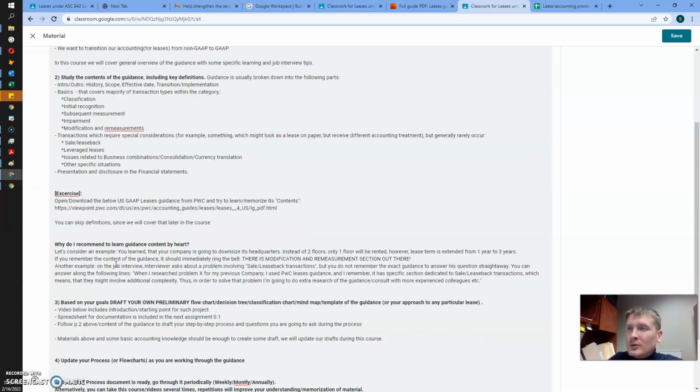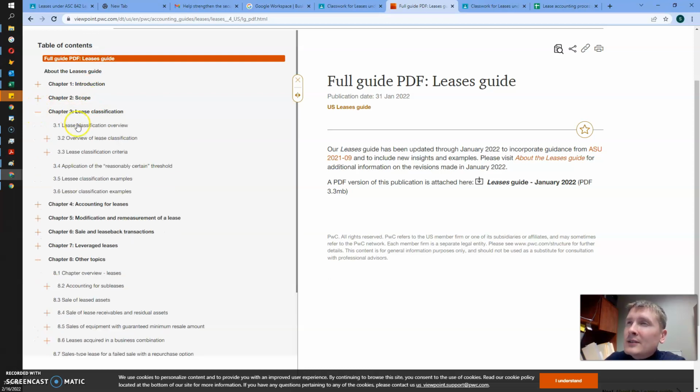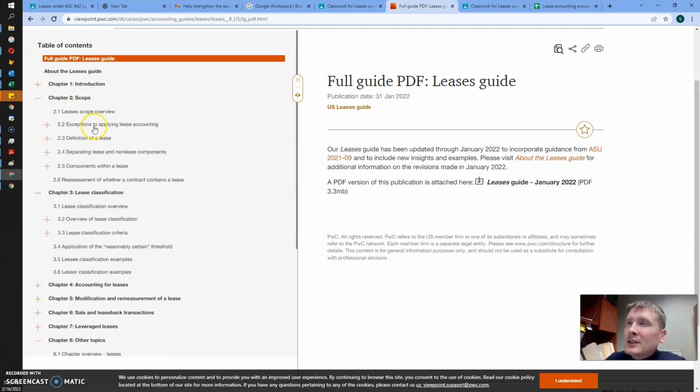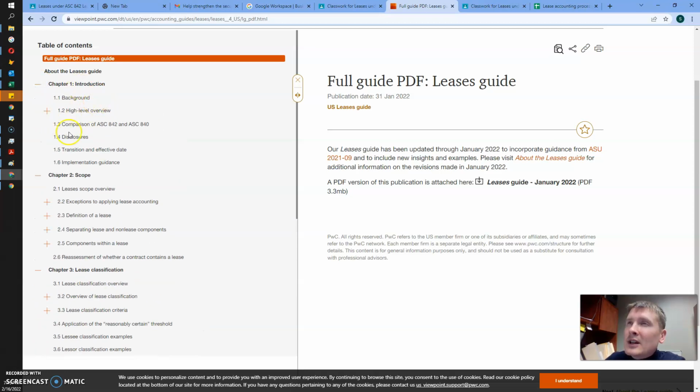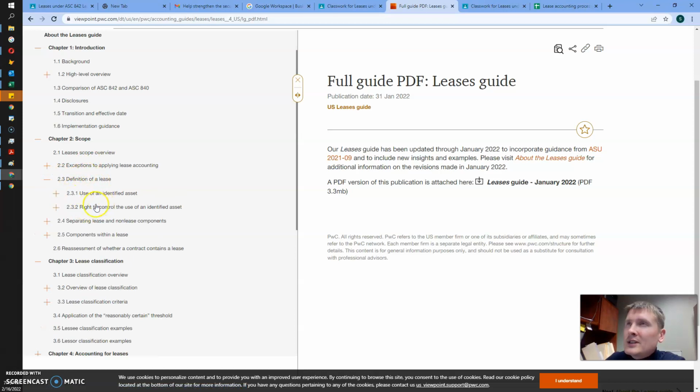I advise you to open the lease guidance by the link and try to memorize the contents and maybe read through some definitions. Usually you can find definitions like in the introduction or scope, like definition of the lease here.